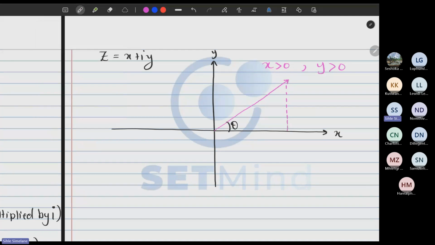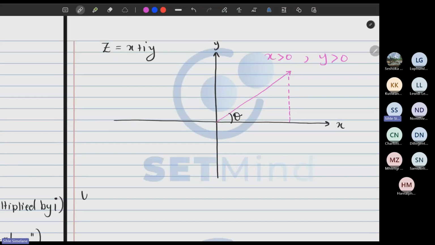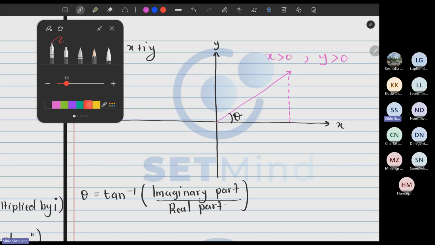So if you plot your complex number and you see that x is greater than 0 and y is greater than 0, your theta will simply be the arctan of the imaginary part divided by the real part. And this applies in the first quadrant.